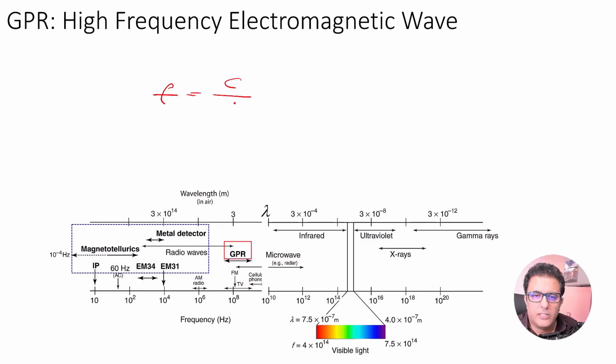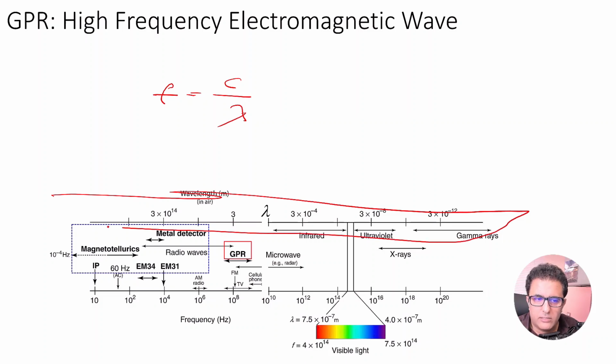C is the speed of light, and lambda is the wavelength. So this arrow, just let me highlight it, shows the wavelength, and the bottom arrow shows the frequency.